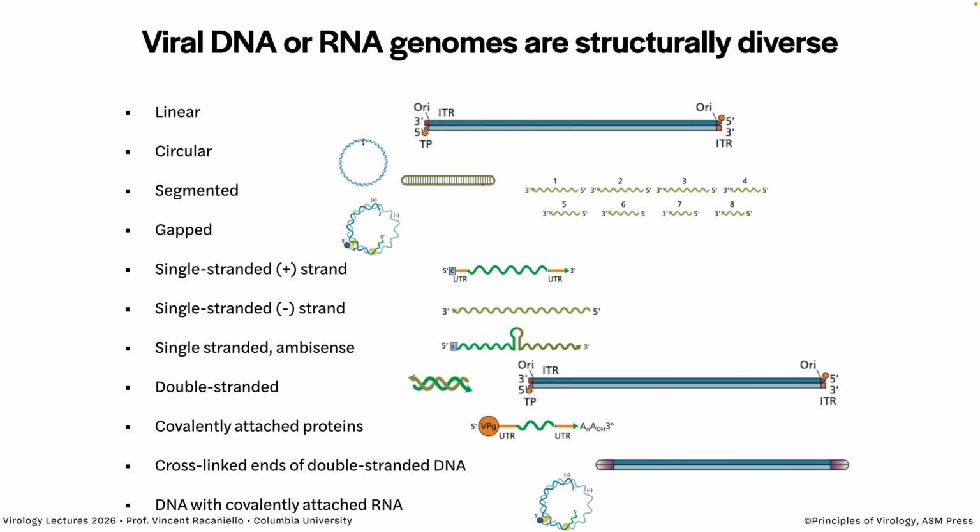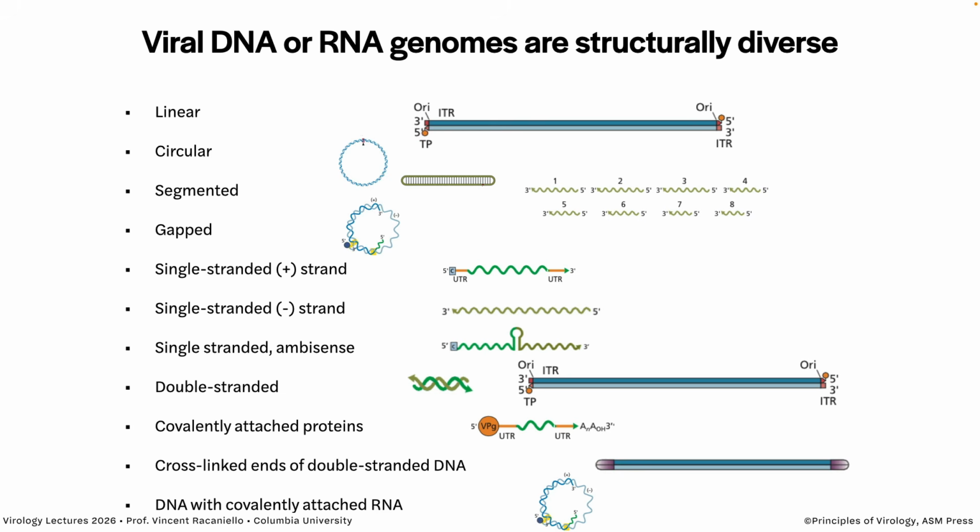Now, in addition to these 7 different classes that I just showed you, RNA and DNA genomes are really diverse. They come in all different configurations. As you can see here, we have linear double-stranded, circular double-stranded, and also double-stranded RNA, although it's actually single-stranded and all base-paired within itself.